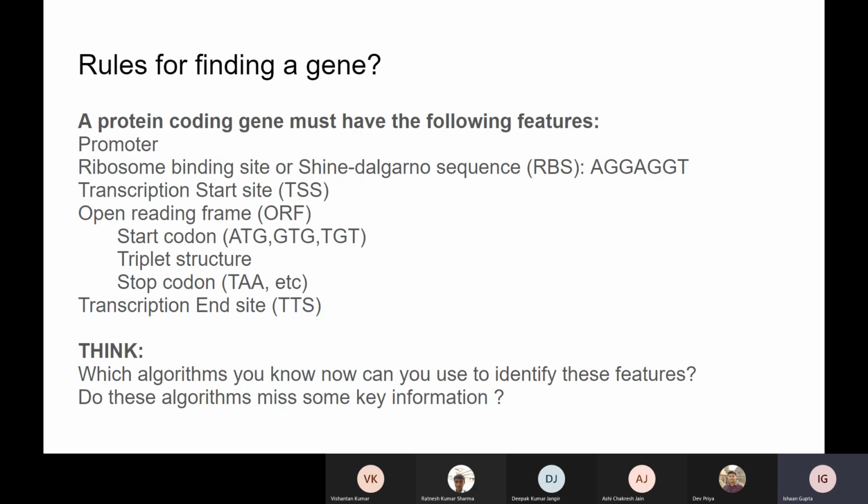So it would require 3 bases to which your anticodon, present on the transfer RNA, will bind, and the transfer RNA is going to add to the extending amino acid chain. So a triplet structure would be required, but where does that triplet structure begin?